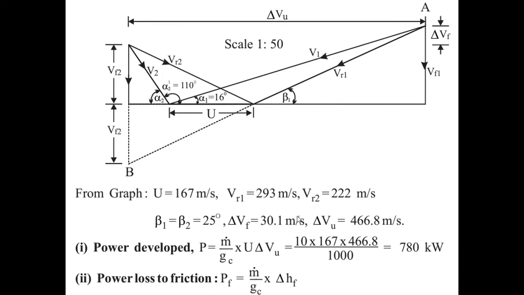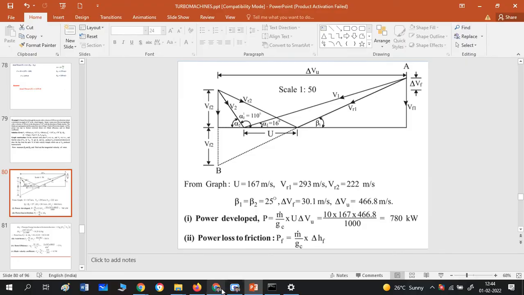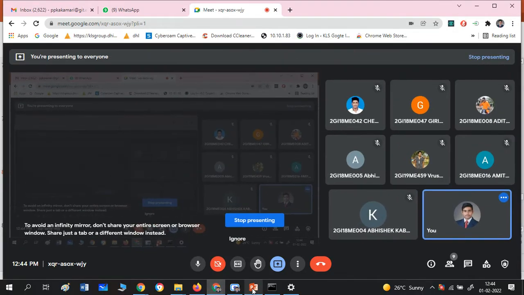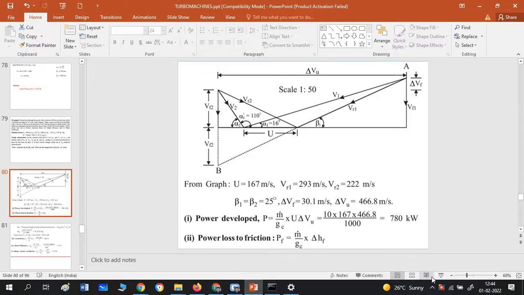So you have to understand this with the diagram. The steam comes out at 110 degrees with the tangent to the blade, or the tangent to the wheel. Means from the blade velocity U, you take 110 degrees and draw this line. By the graph, I can understand this is V2. Correct? Yes, sir.